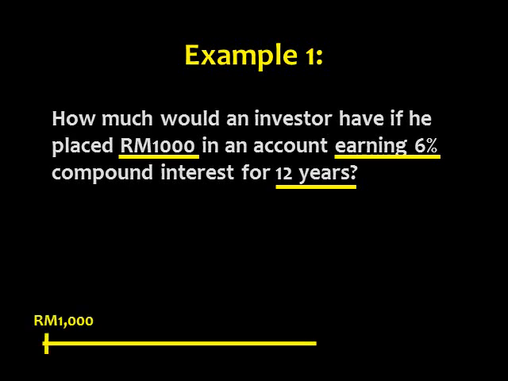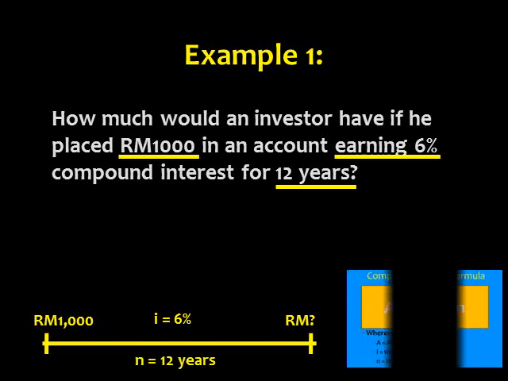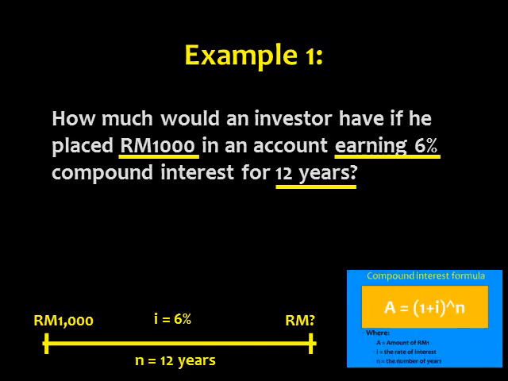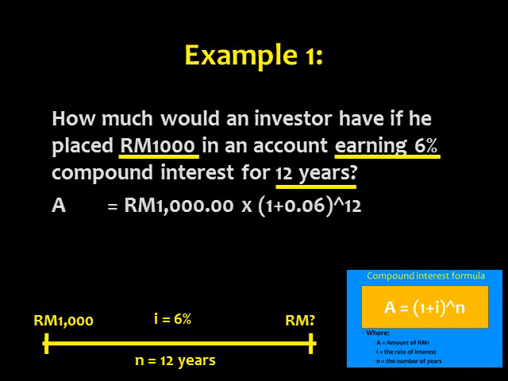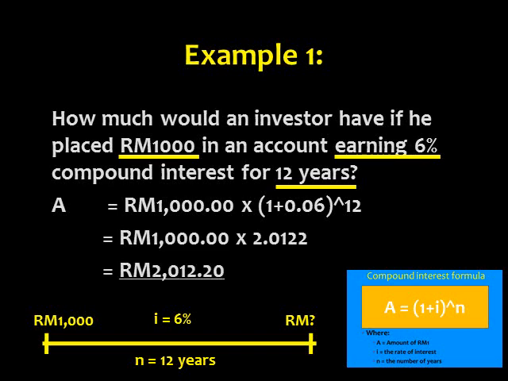You keep 1,000, and how much is the total amount after 12 years with 6% interest? We come back to (1 + i)^n, so (1 + 0.06)^12, because it is 12 years, times 1,000. After 12 years, your capital of 1,000 now becomes 2,012 ringgit and 20 cent. So 2,000 plus.